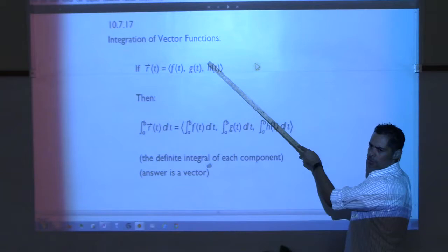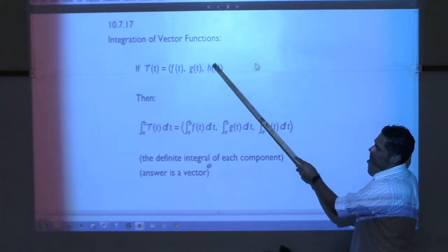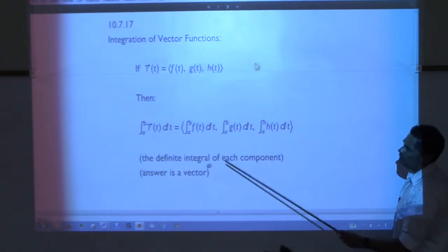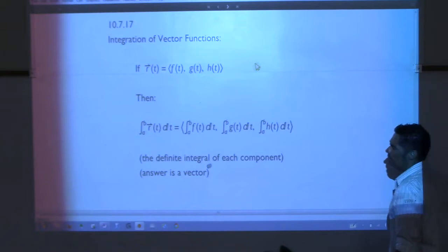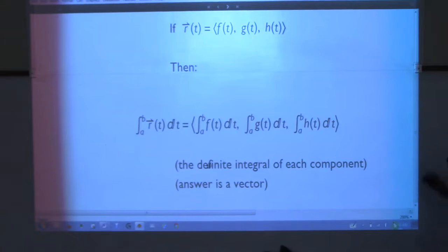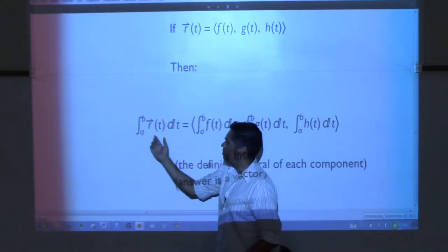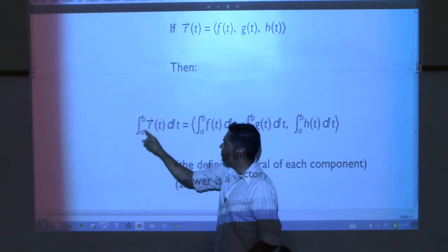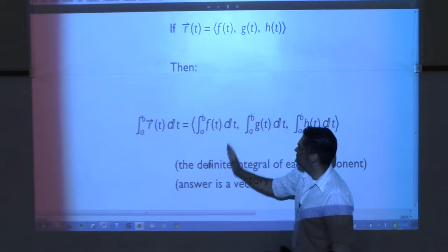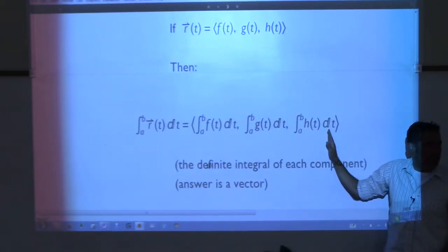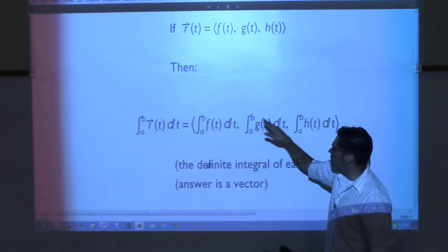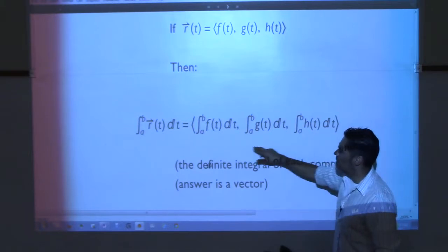I like to talk about the three case because it covers the two. So here's the notation we would use: the integral from a to b of the vector function with respect to t, because that's our independent variable. That is still a vector. You're going to integrate each of the component functions with respect to t from a to b.